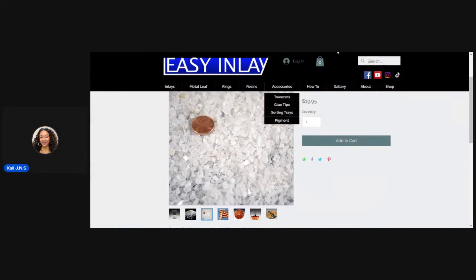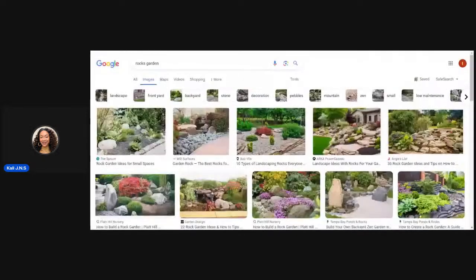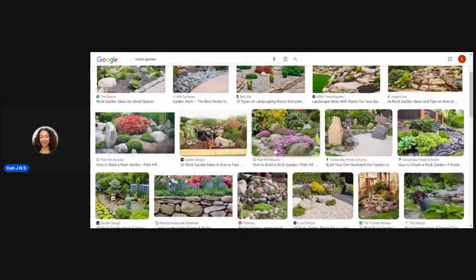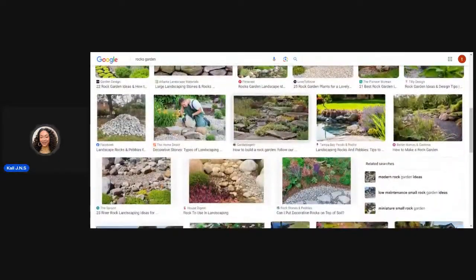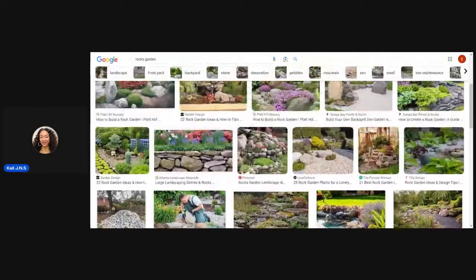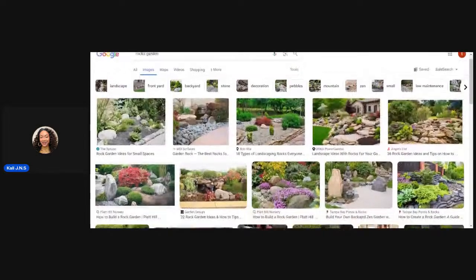Matter of fact, let me see if I can find a picture of it. It's like these rocks that they have in the garden. Let's see if I can find what I'm talking about, so that way you can see an example of what I'm saying. You could buy some of that. See, something like this. Like you see this, but instead of the rocks, you can have the calcite, right?